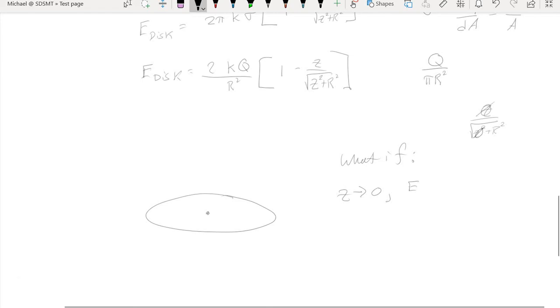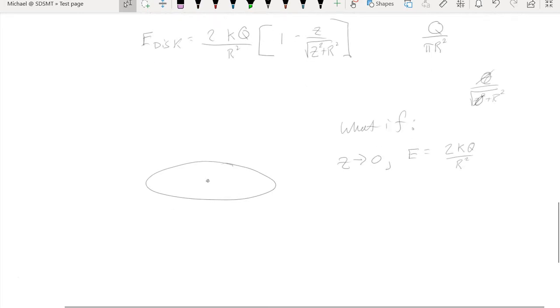I get 0 up in the numerator, but I still have some leftover materials. I still have the 2kq over R squared. And so the electric field at the center of this disk doesn't actually collapse down to a 0 like we would have expected for a ring. Kind of an interesting development there.